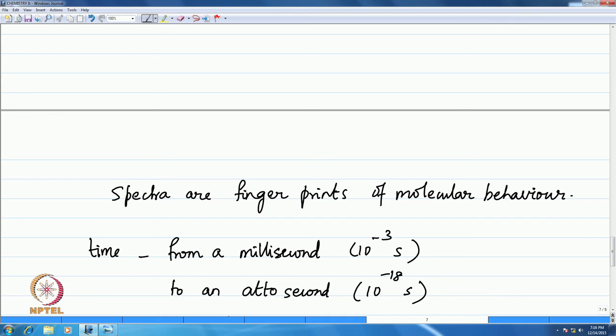Thus, you see that molecular time domain and the properties that we study are really varied under the spectroscopic investigations.